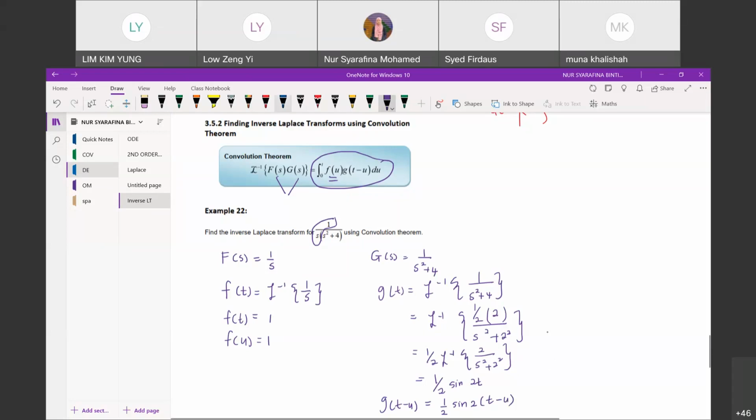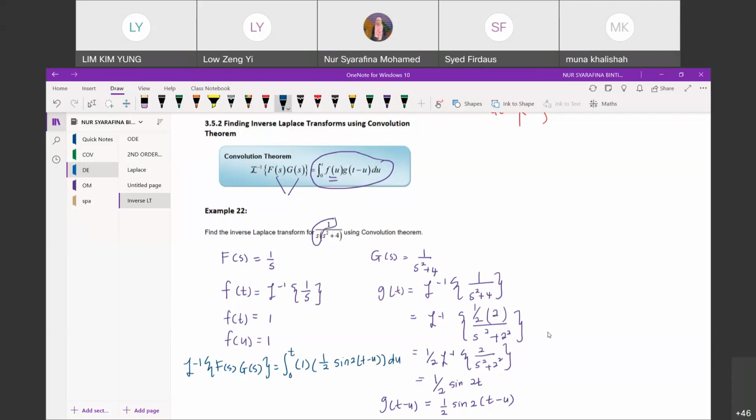So the inverse transform of Fs Gs can now be written as the integral from 0 to t of Fu, which is 1, times G(t minus u), which is 1 over 2 sine 2(t minus u), with respect to u.